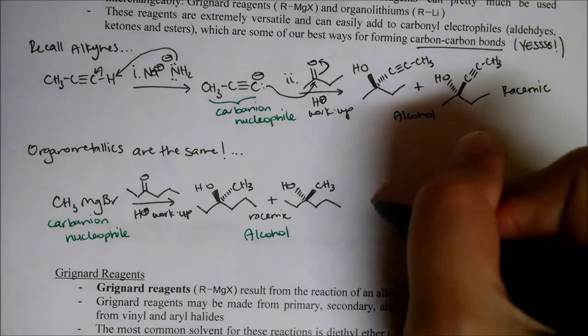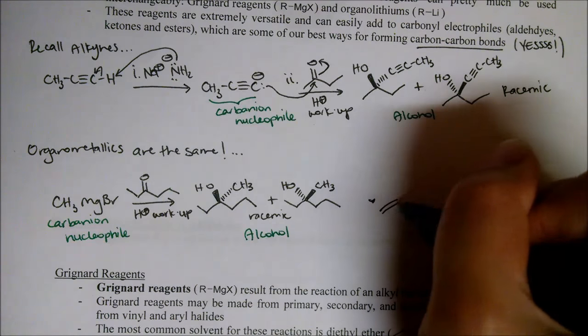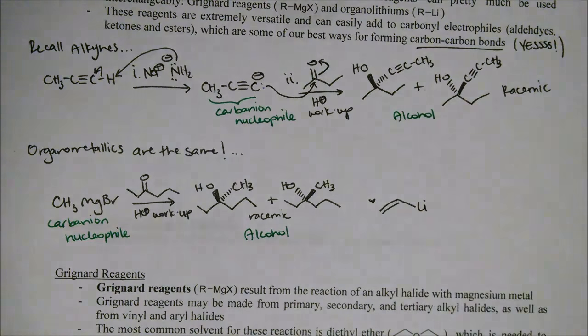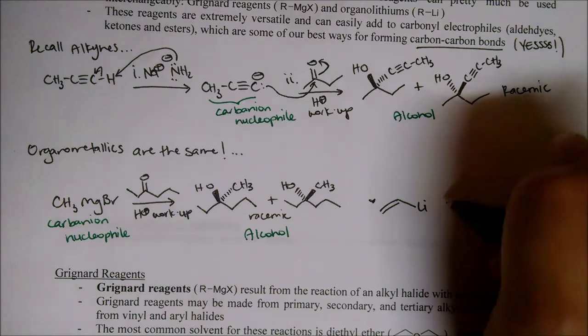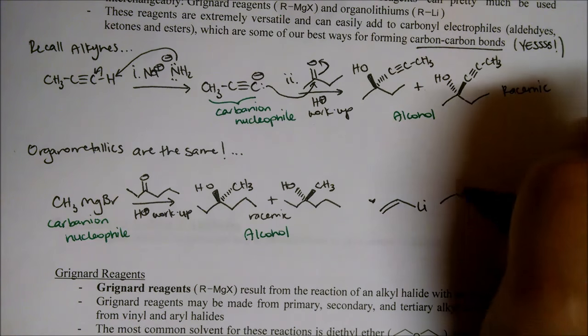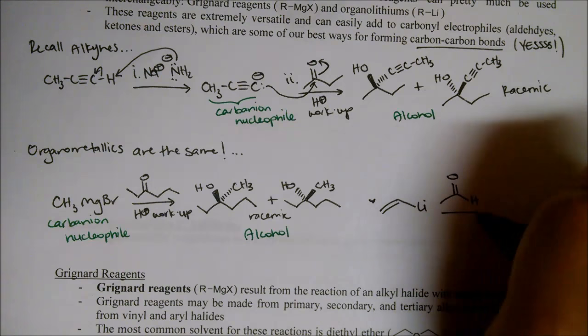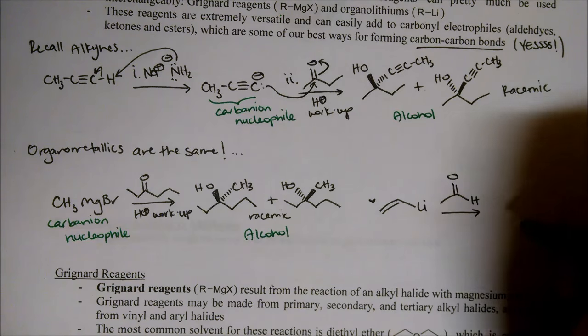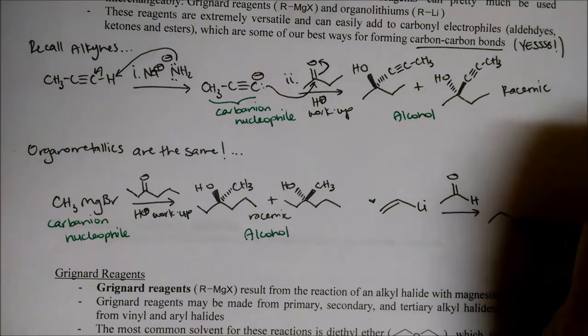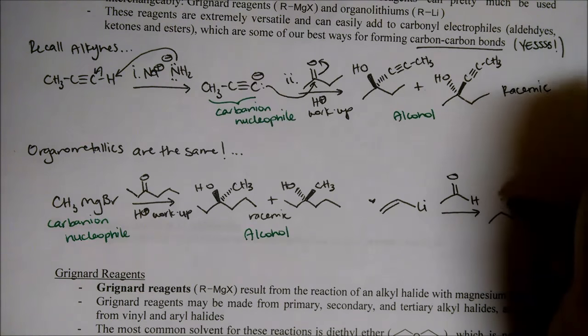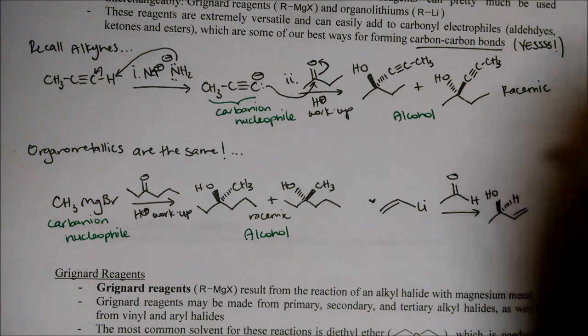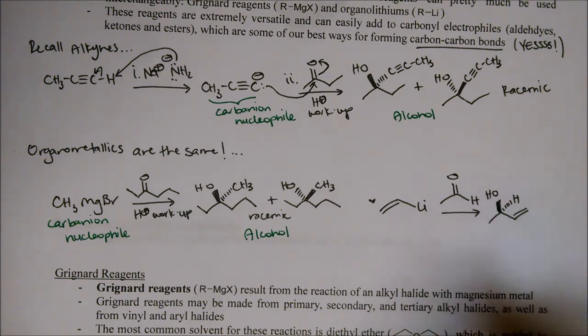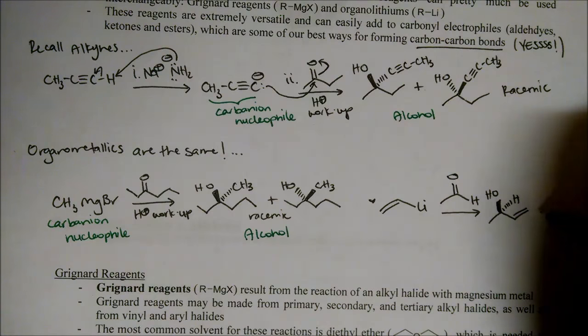Okay, here's another example of an organolithium doing the same thing. Look at this, really cool carbon nucleophile. Let's add to an aldehyde electrophile. This time we will get, again, a racemic mixture. I'm going to draw it a little bit differently though. I'm just going to kind of attack from underneath and put that H, because this is how we normally draw things.